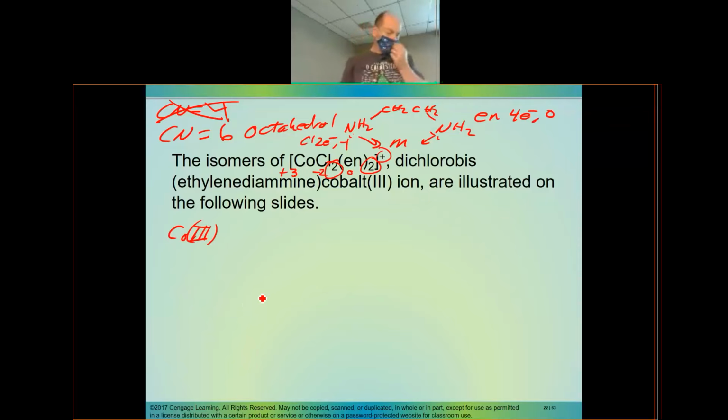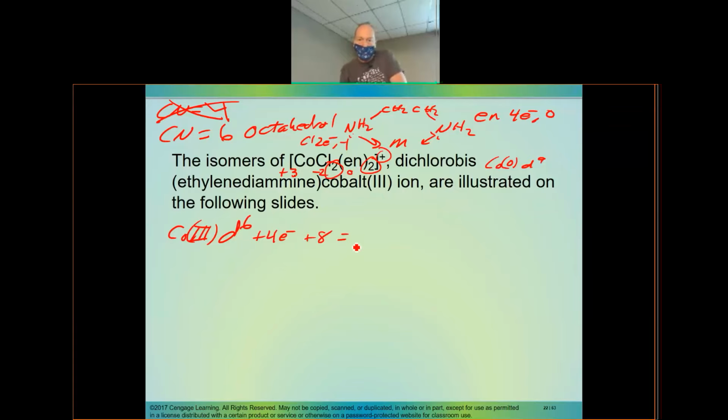All right, so you go to your periodic table, you find cobalt. And cobalt is in a column with a number 9 on top. So I know that cobalt 0 would be D9. So cobalt 3 is D6. All right, and then I have my 4 electrons from my 2 chlorines, and I have my 8 electrons from my 2 ethylene diamines.